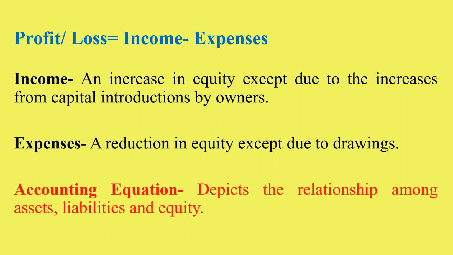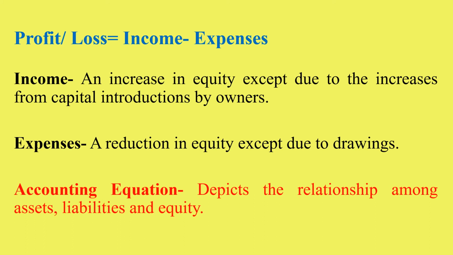So as I have explained, the difference between income and expenses can be identified as either profit or loss. If it is profit, it belongs to the owners, and the same applies to the losses. Owners have to bear it. So ultimately, you have to adjust this profit or loss to your equity.